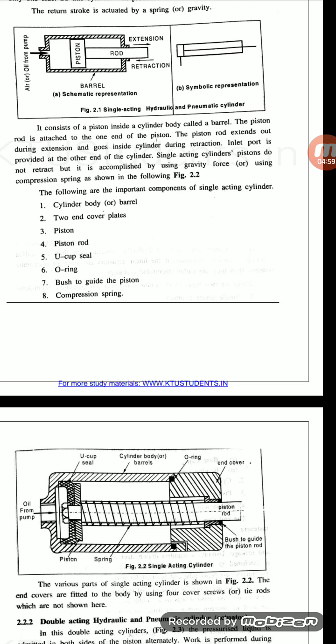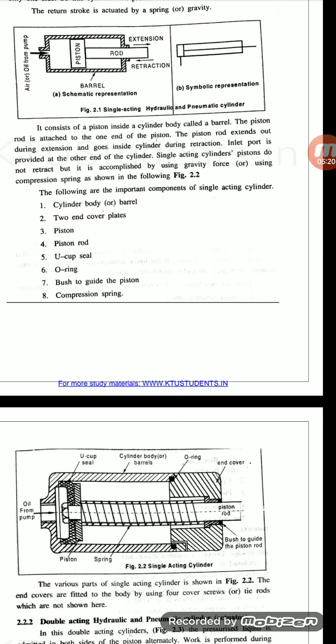So these are the main parts. See that, guys, figure 2.2. This is oil from the pump, U cup seal, first one U cup seal, cylindrical body, O-ring, next end cover, piston rod, bush to guide the piston rod, spring and piston.